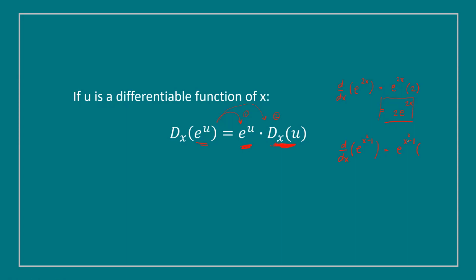So derivative of x squared minus 1, this would give us 2x minus 0, right? So that's just 2x. So final answer would be 2x e raised to the x squared minus 1.